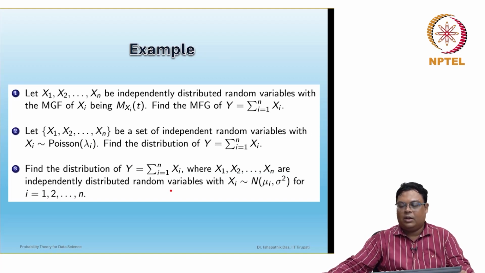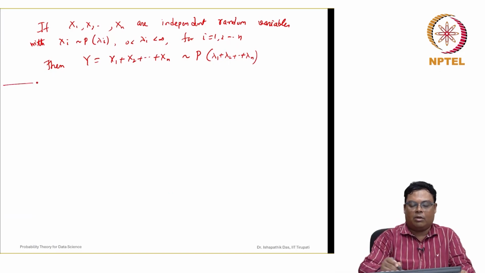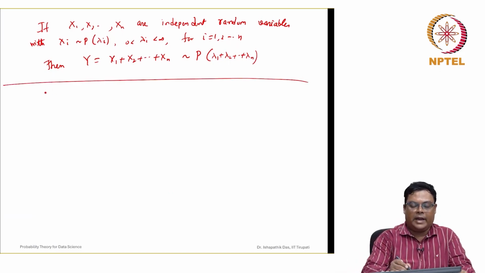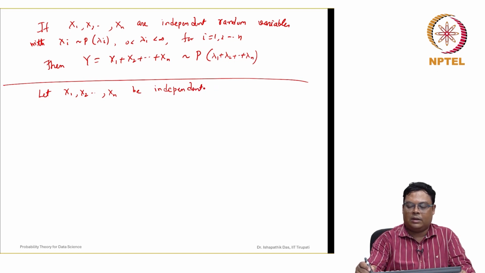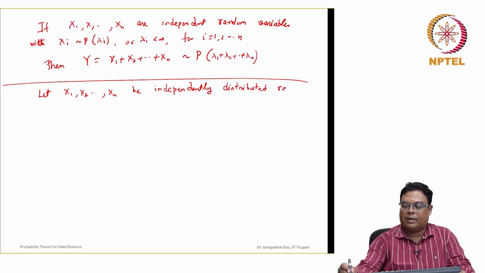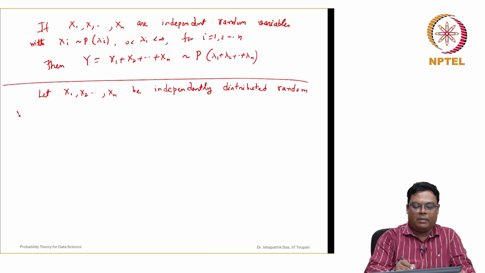So how can we do that? Let us recall what the moment generating function is. So let X_1, X_2, ..., X_n be independently distributed random variables with each X_i normal with mean mu_i and variance sigma squared.